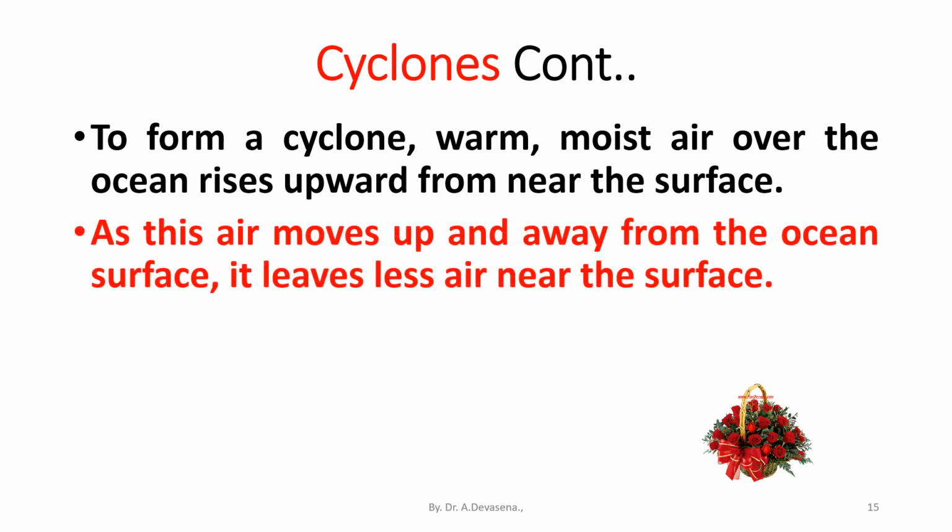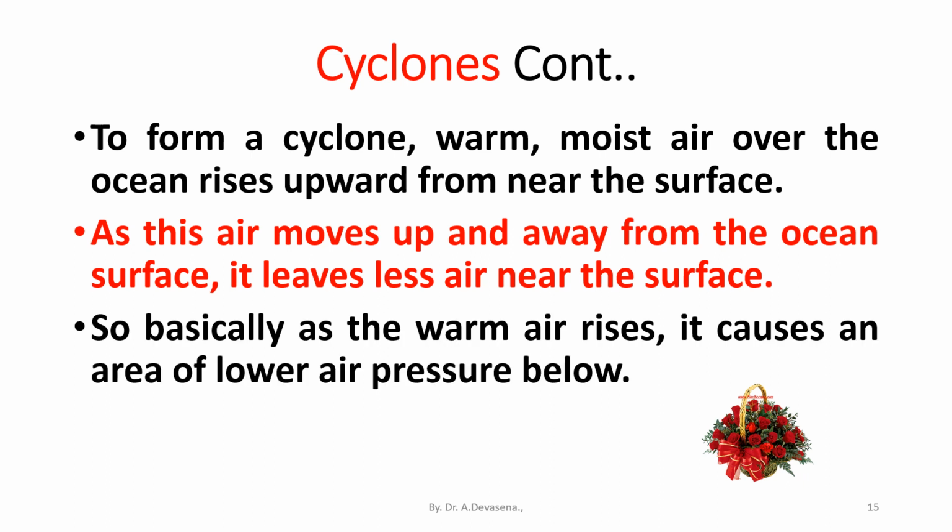As this air moves up and away from the ocean surface, it leaves less air near the surface. So basically, as the warm air rises, it causes an area of lower air pressure below.